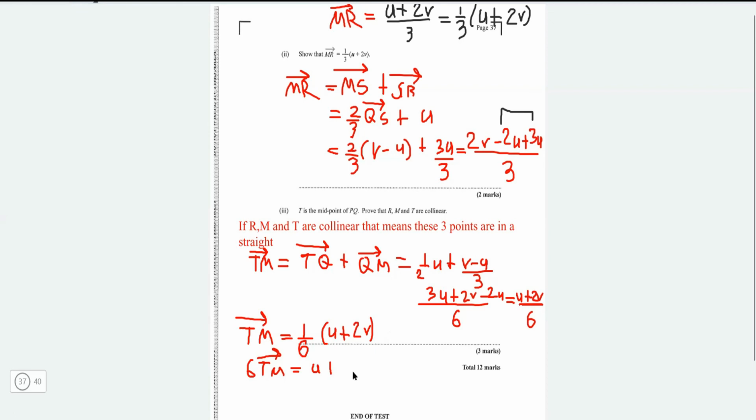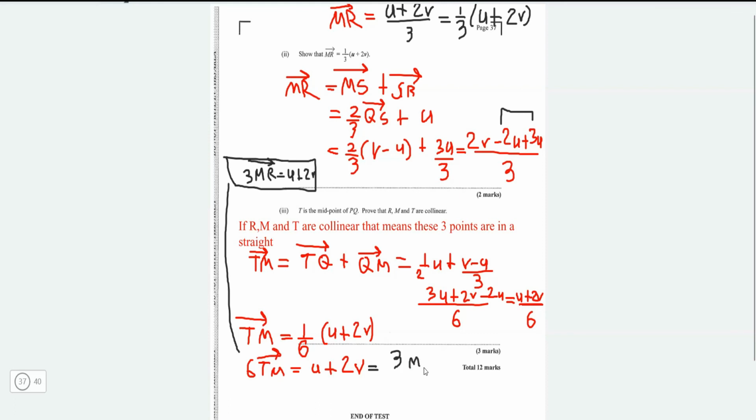Now look at vector MR up here. If I cross multiply by the 3, then 3 times MR would be equal to U plus 2V. But look at that, U plus 2V, U plus 2V. So because these end up equal, 6TM is equal to 3MR.